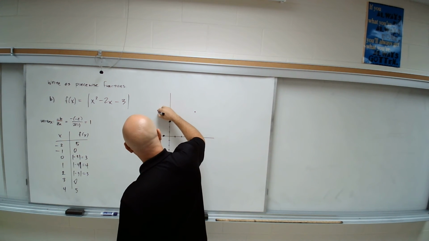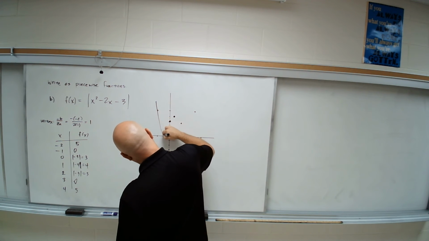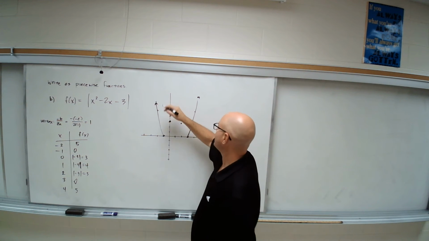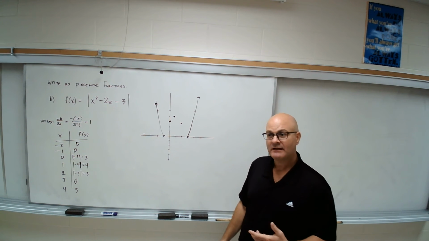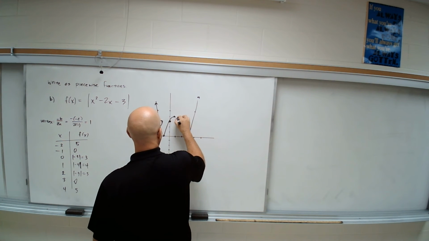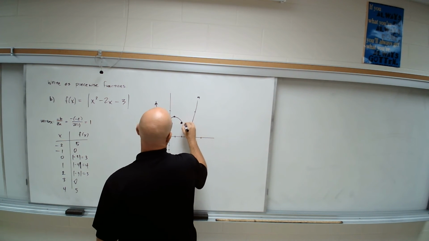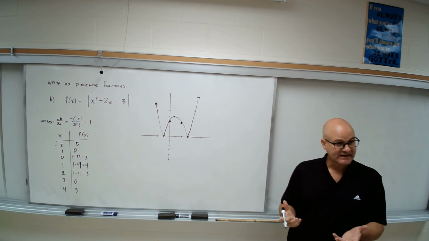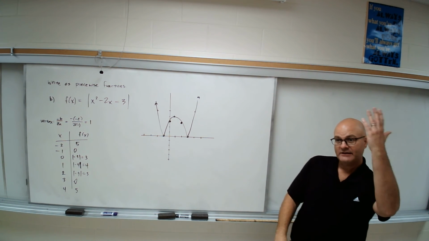So again, this is coming down like it's a parabola. It's going to stop there. This is going up like it's a parabola. So that's just the original pieces of the parabola, correct? And this is the other part flipped over. So it looks like something like that. So that's what our graph is going to look like. Basically, again, it just takes the underneath part and just moves it up.